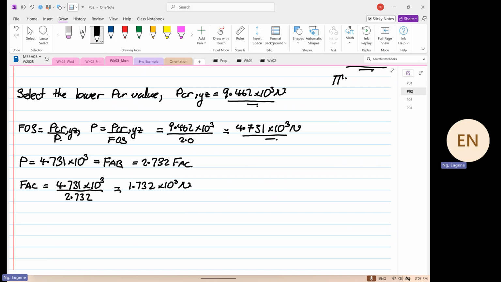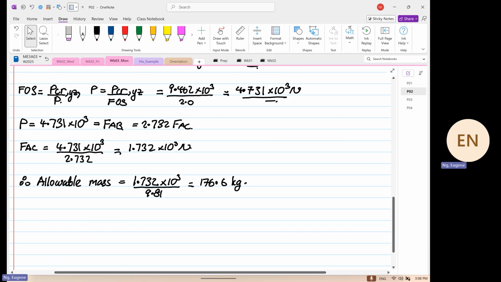Therefore, the allowable mass will be equal to 1.732 times 10 to the power 3, and then the whole thing we just divide by 9.81. So we get a load of 176.6 kilogram.